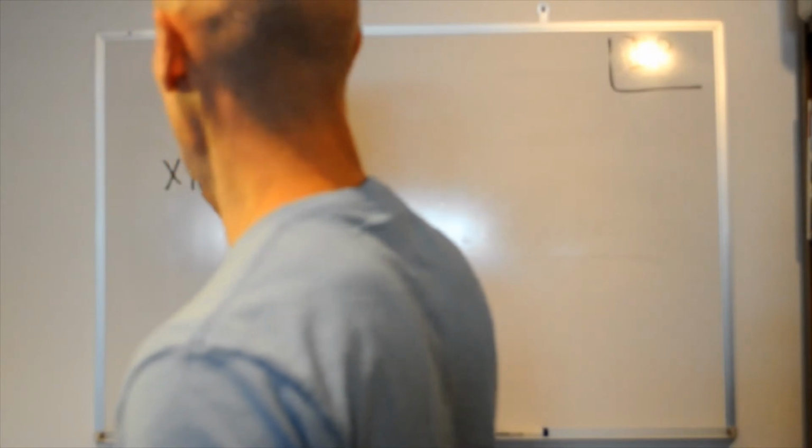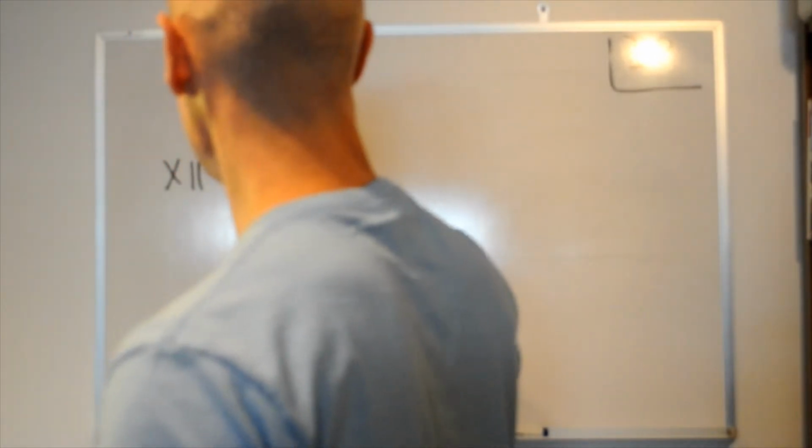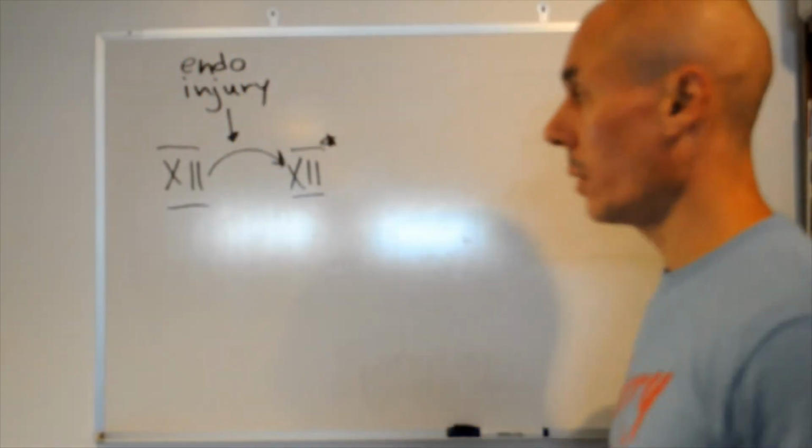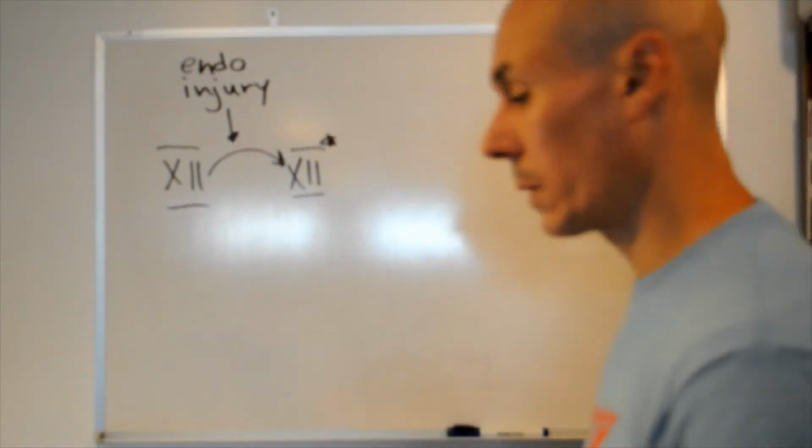So in the intrinsic pathway, the endothelial injury activates the first coagulation factor, which is factor 12. The asterisk means that it's activated.